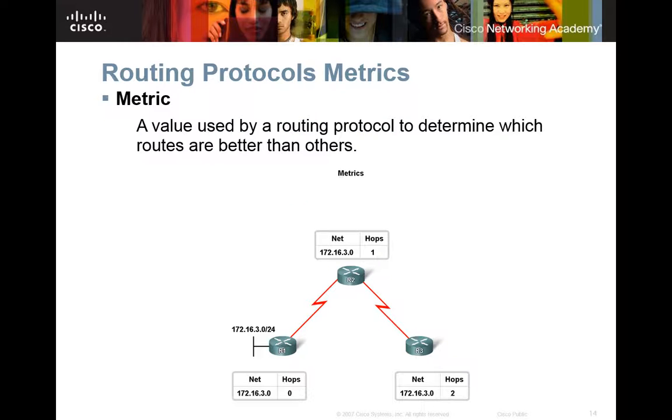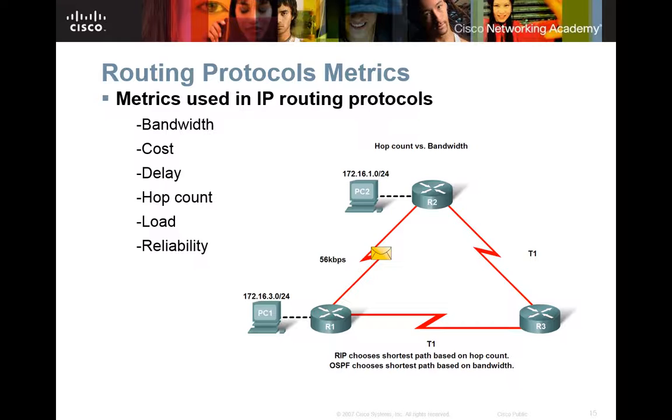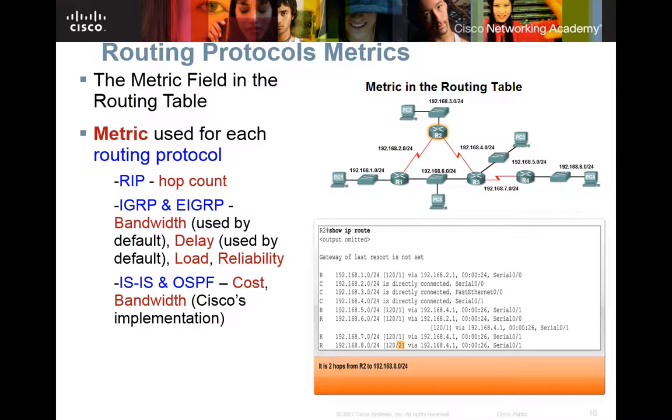Metric, like we just talked about, is either your hop count or by your link. You can do it with bandwidth. Now that we're not doing static and we're doing dynamic, I can do cost, delay, load, and reliability. There are a lot of different ways that we can use metrics to see how fast to get something from one place to another. The metric field in the table is this number right here, where you have the 120 and then the /2.